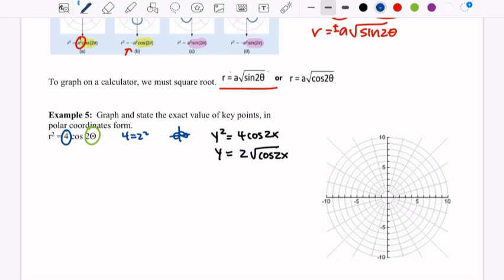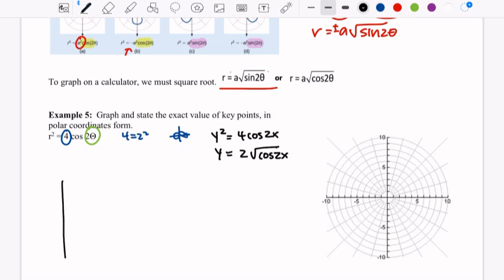The video got cut off, so let's just pick up where we left off. We are coming up with the key points using the graph of y squared equals 4 cosine 2 theta, which, if we take the square root of it, is y equals 2 square root of cosine 2x. We haven't talked about taking the square root of a trig function and what that looks like. However, we can still come up with those points based off of if this wasn't y squared.